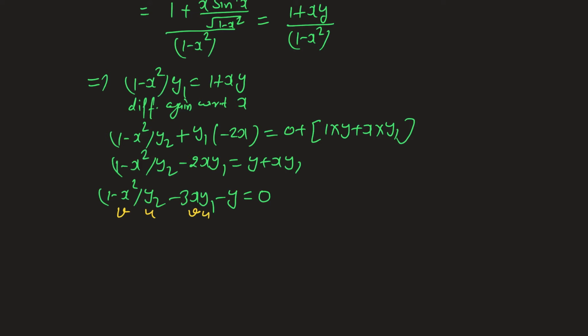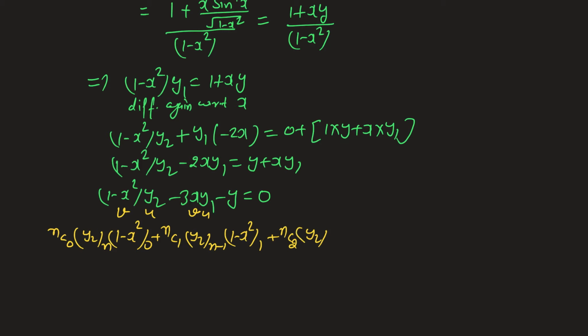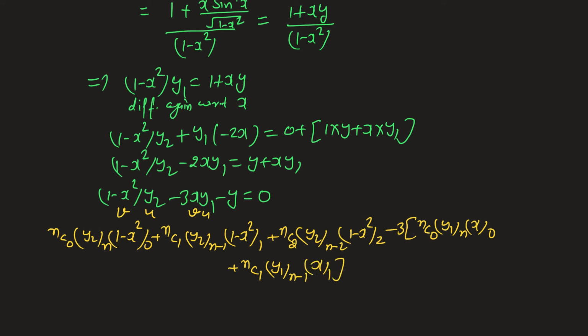So what will we get? nC0 y_{n+2} (1 minus x square)^0 plus nC1 y_{n+1} (1 minus x square)' plus nC2 y_n (1 minus x square)'' minus 3 [nC0 y_{n+1} x^0 plus nC1 y_n x'] minus y_n equal to 0.